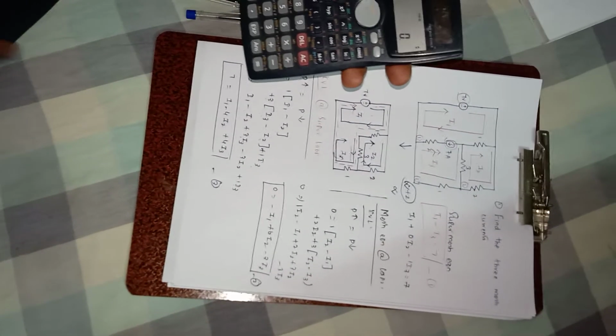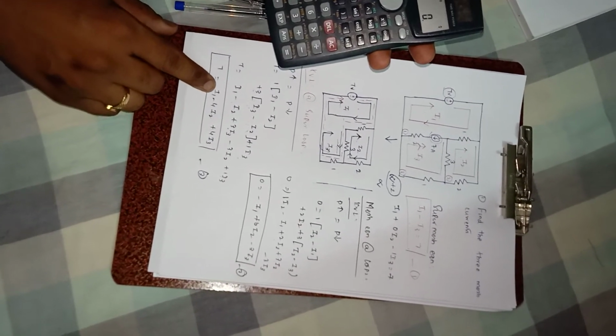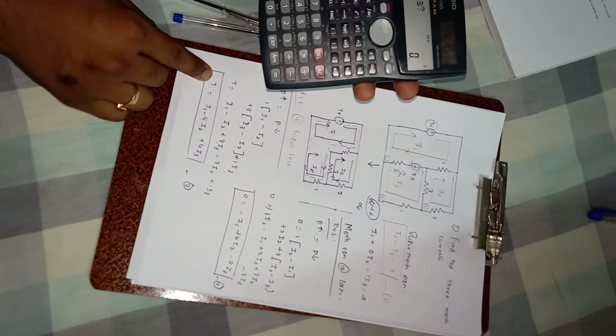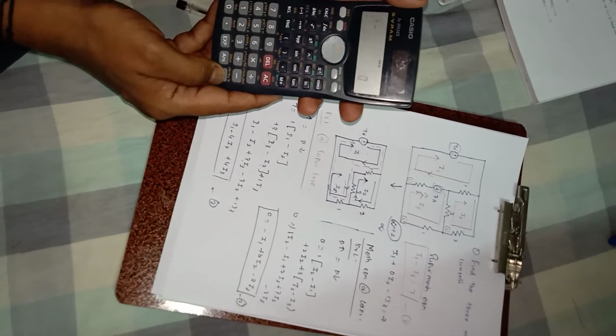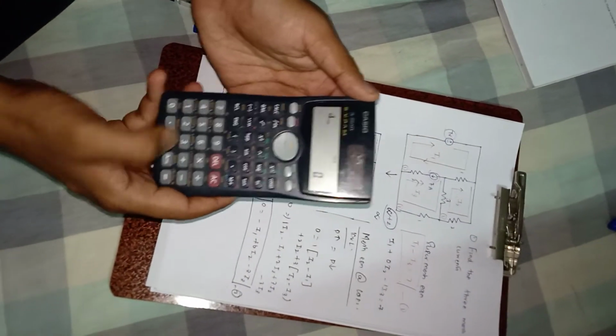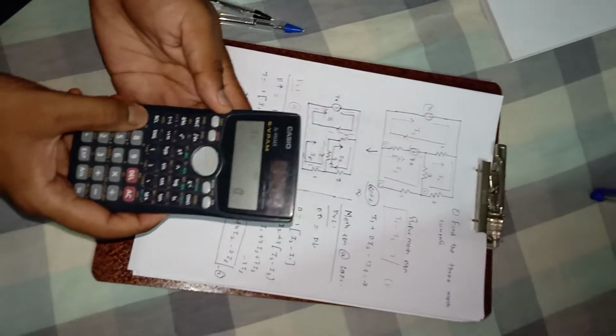And for A3, B3 and C3, which is equal to your D3, you have 1, minus 4, 4, equal to 7.